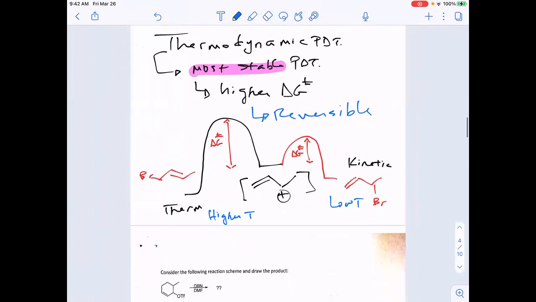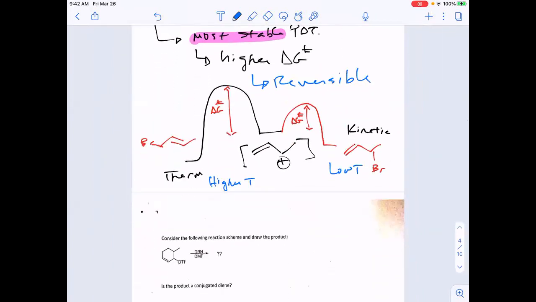So if it's reversible, how can I go from the kinetic to the thermodynamic? Cut this out because I don't want to run out of space. We'll put this on another page and discuss it.